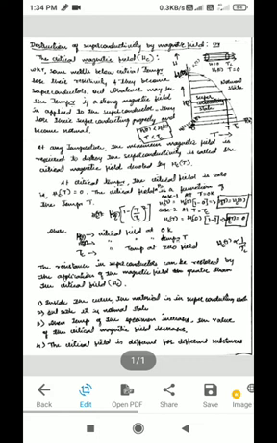Here there is a graph of Hc versus temperature. Critical magnetic field is on the y-axis, temperature is on the x-axis. There is a curve here.